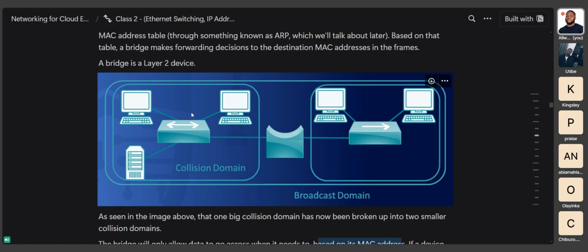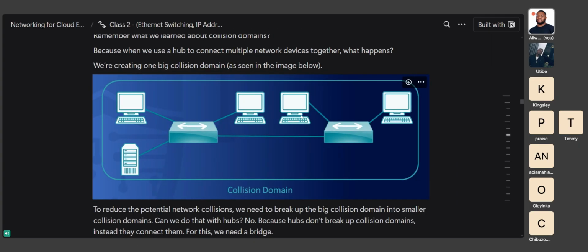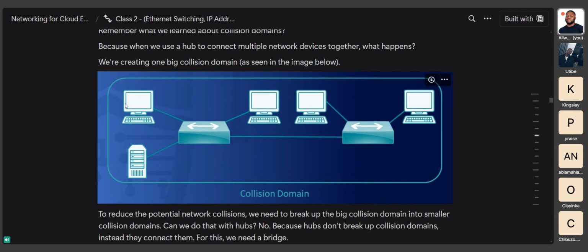Say for instance this PC1. Remember, before it could simply send the data from here to here. Obviously, for it to send data, it needs to know the MAC address. There needs to first be a connection to start with. That connection is made using TCP, remember, using the SYN, SYN-ACK and ACK three-way handshake method.